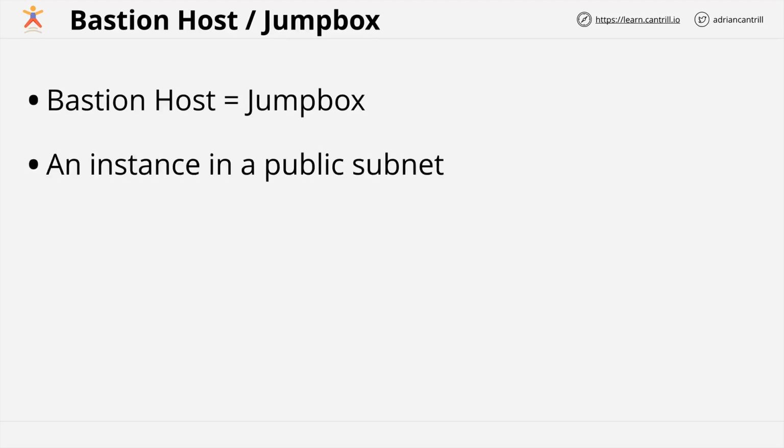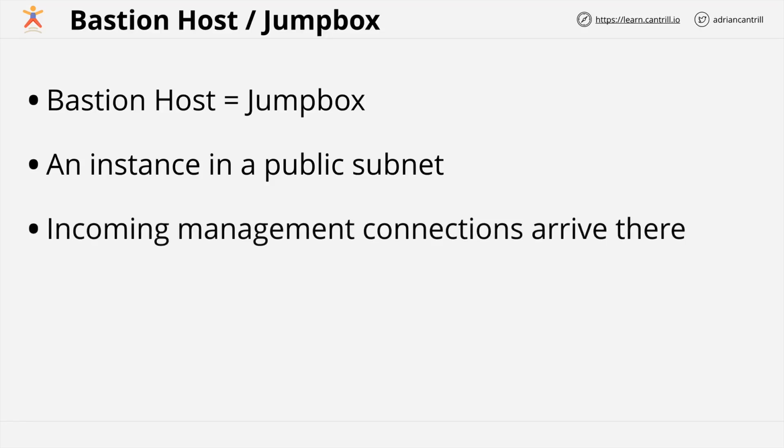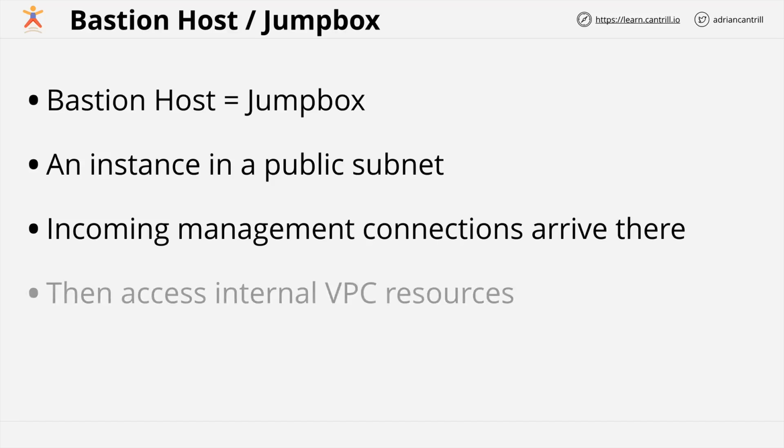Now, before we implement this in the demo lesson, I just want to briefly touch upon Bastion hosts and jump boxes. At a high level, Bastion hosts and jump boxes are one and the same. Essentially, it is just an instance in a public subnet inside of a VPC. And architecturally, they're used to allow incoming management connections. So all incoming management connections arrive at a Bastion host or jump box, and then once connected, you can go on to access internal only VPC resources.